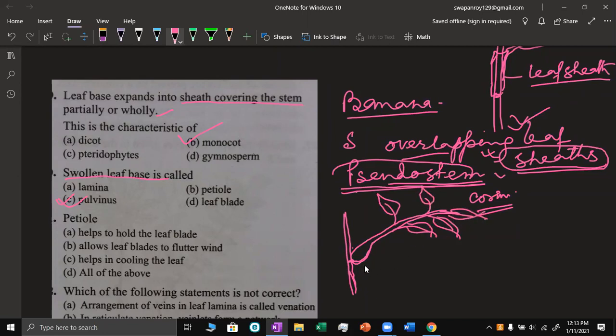Okay, this is usually found in leguminous plants. We do get this in Mimosa. We also get it in one plant called the 4 o'clock plant, which does not belong to the leguminous family.